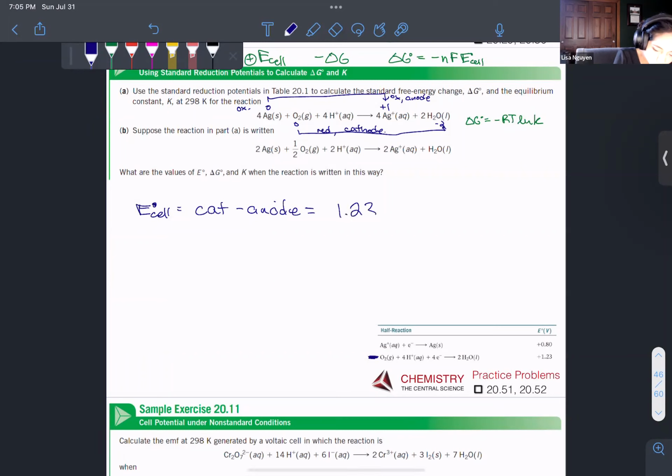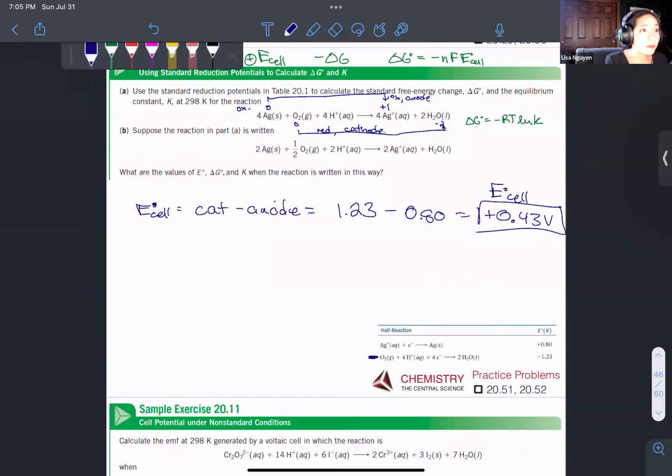So 1.23 minus what's happening at the anode, which is the silver reaction, so minus a positive 0.80 volts. We get a positive number: the overall cell potential is positive 0.43 volts. That is our standard cell potential, and it's a positive number, meaning that this reaction is spontaneous. So that's good.